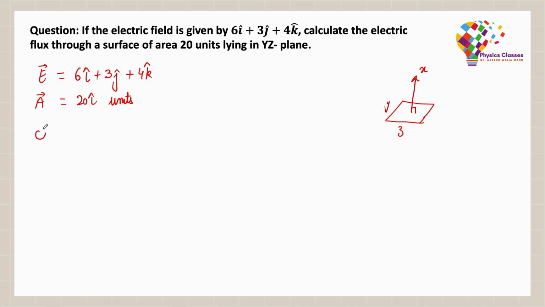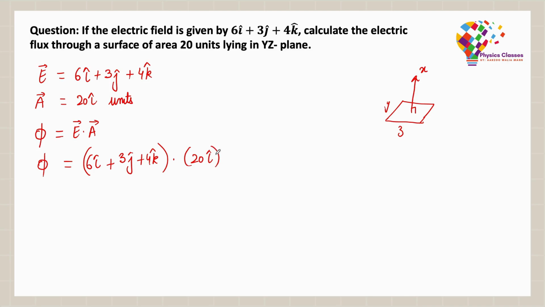Now for flux, I know that flux is equal to the dot product or the scalar product of electric field and the area vector. So therefore my flux can be written as 6i cap plus 3j cap plus 4k cap dot 20 i cap.